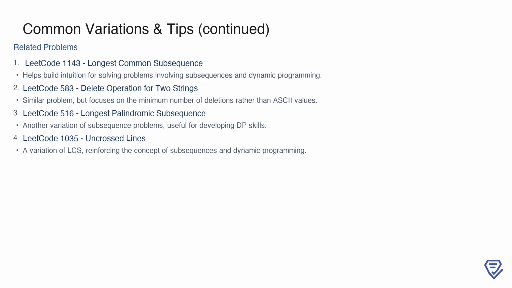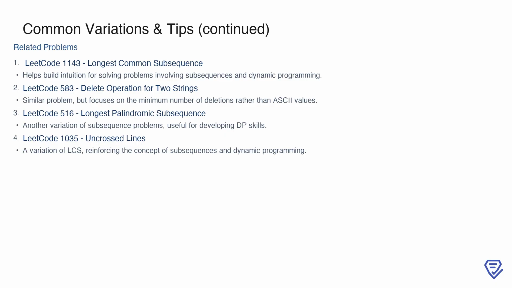This problem is closely related to others that can help strengthen your dynamic programming skills. For example, LeetCode 1143, the longest common subsequence problem, builds intuition for working with subsequences and DP. Similarly, LeetCode 583, delete operation for two strings, focuses on minimizing deletions but doesn't involve ASCII values, offering a simpler variation.